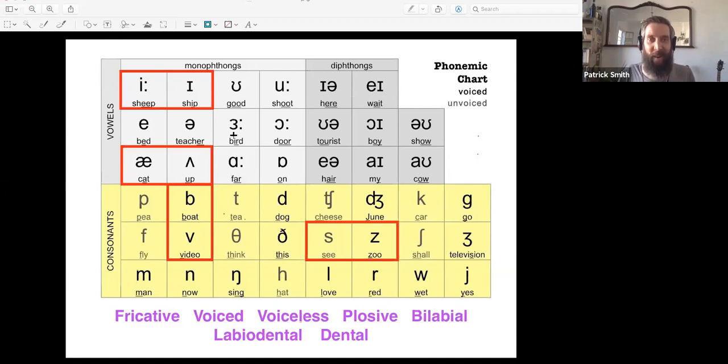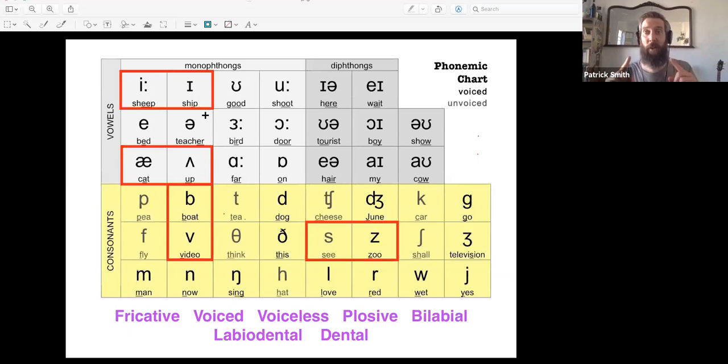Hopefully you can hear a difference there, sheep and ship. I was exaggerating that slightly, but the first one, sheep, the one on the left, oveja, is slightly longer than the one on the right, ship. So ship, like barco, would be a short vowel, and sheep would be a longer vowel.